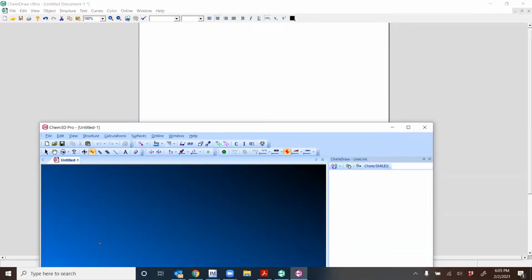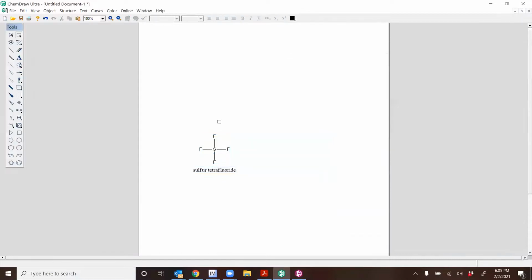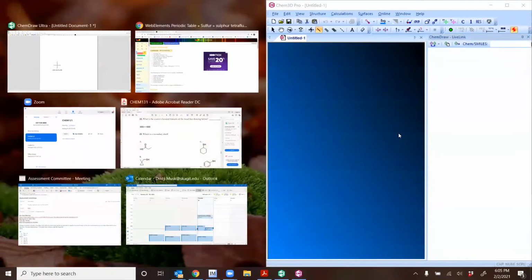I just got this new version of ChemDraw and I can't find anything. So imagine the same things that you would expect from a new version of Microsoft Office. I don't understand. Maybe I can pick up and drop.